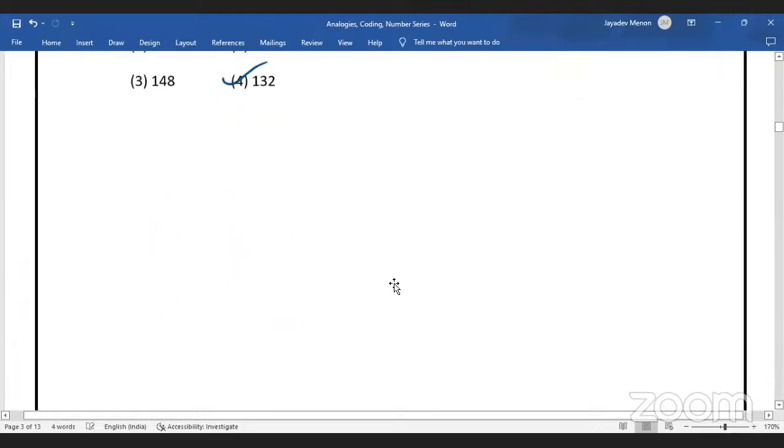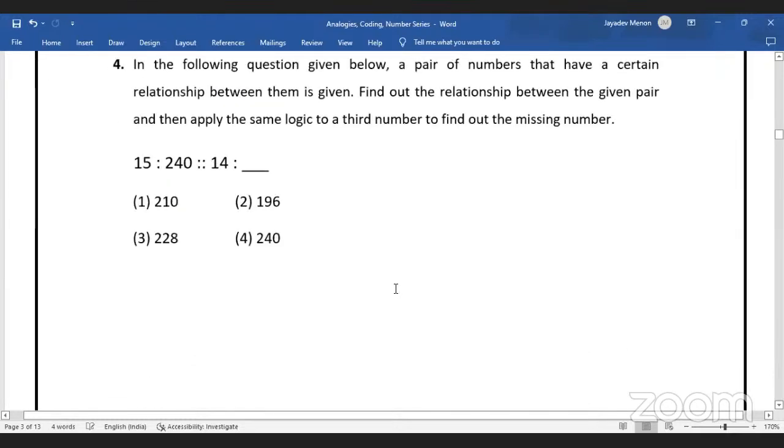Next one. Very good, Kavya, Swati, Alvin, Sachu, Smriti. 210 is correct. 15 and 240.